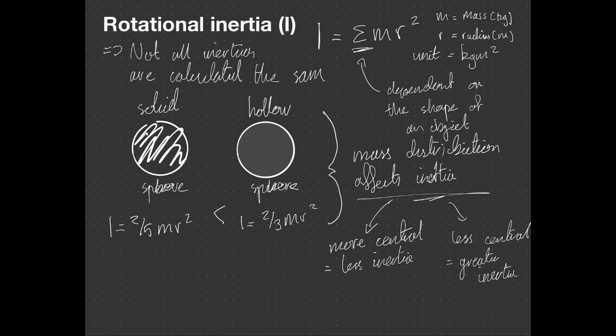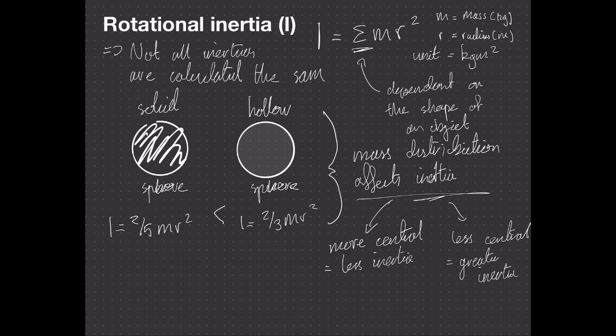So, rotational inertia, okay, it's calculated as the mass distribution times the mass times the radius squared. We use our standard SI units and we get the unit for inertia as kilograms meters squared. We know that our calculation is dependent on the distribution of mass.